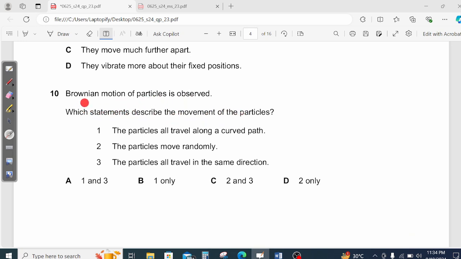Brownian motion, the name of the motion is given by Robert Brown, who discovered the motion of the pollen grain particle. I am not describing the whole experiment, so I have given you a little bit of a hint that Robert Brown was doing an experiment in a lab.